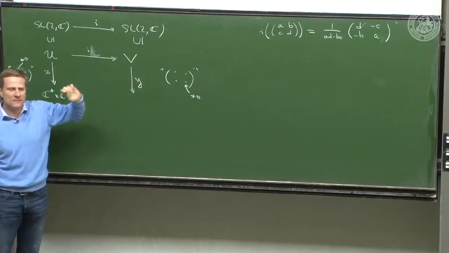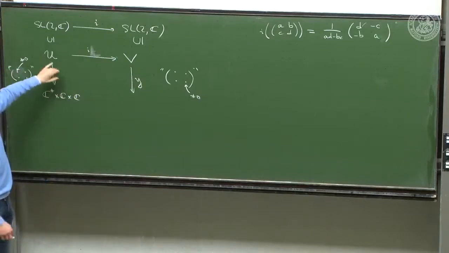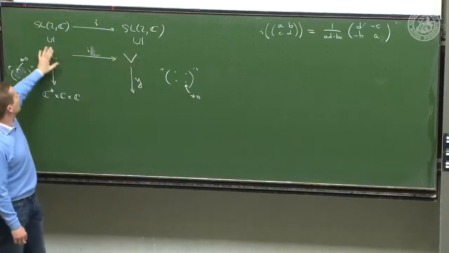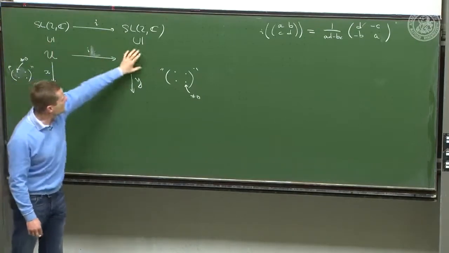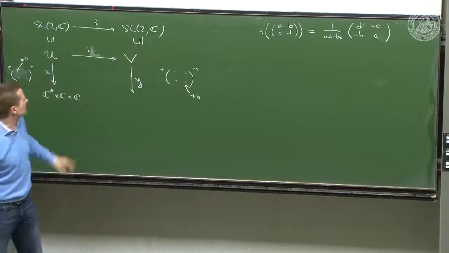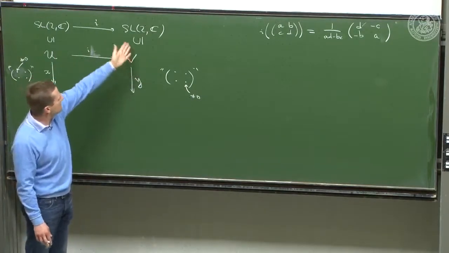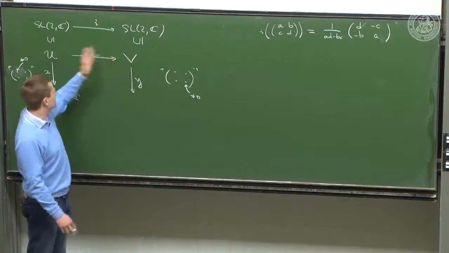So you can choose charts independently here and there, but you better make sure that you really map into that chart. So taking U and U again here, in principle you would have to restrict U here to those that map into it.